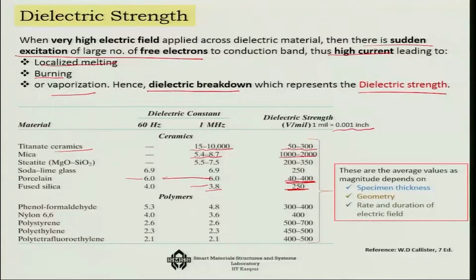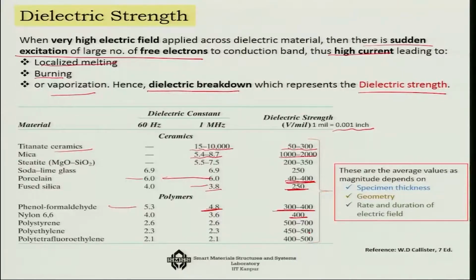How about the polymers? Some polymers show excellent dielectric strength, like phenol formaldehyde, 4.8, but the strength is 300 to 400, quite comparable to porcelain. Nylon is about 400.